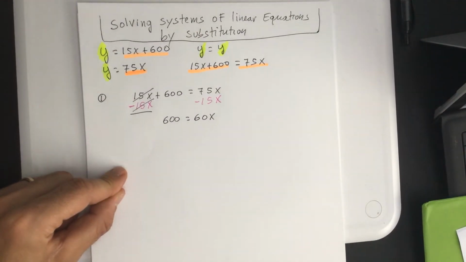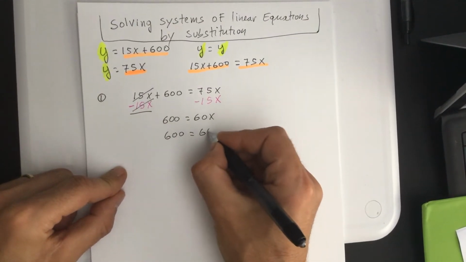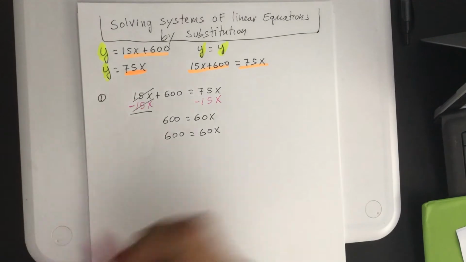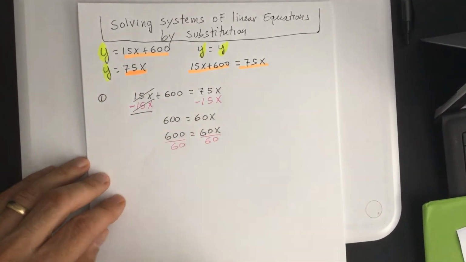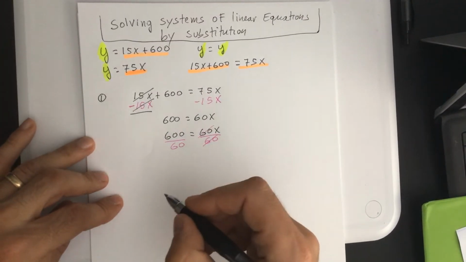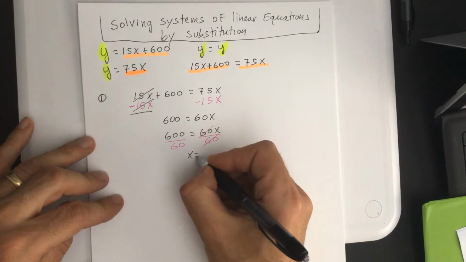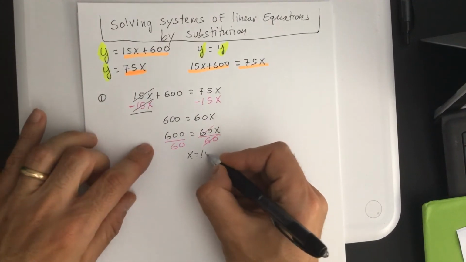One step equation now, we divide both sides by 60, here and here, to keep the balance. 60 divides out with 60, and what we got is x equals 600 divided by 60. That's going to be equal to 10.